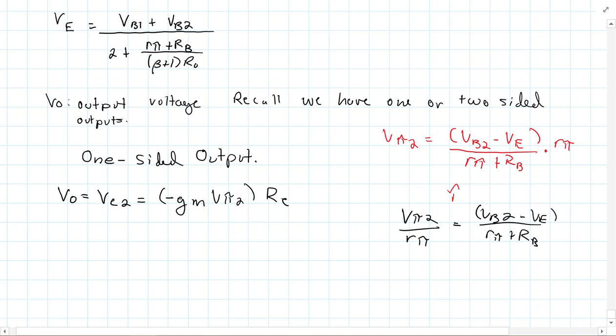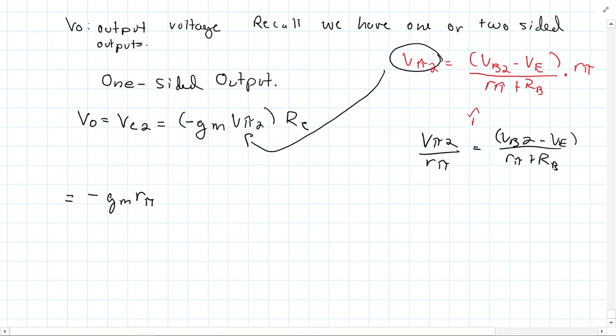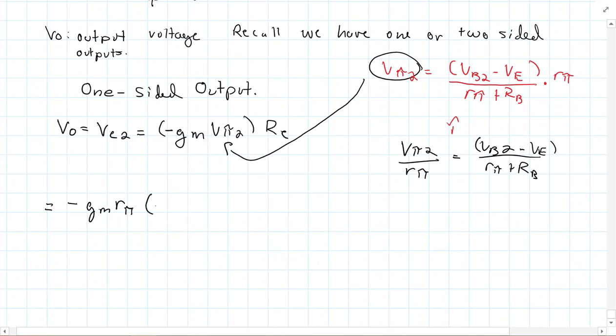So if I plug that in now, I get that this is equal to minus GM R pi times VB2 minus VE over R pi plus RB times RC.